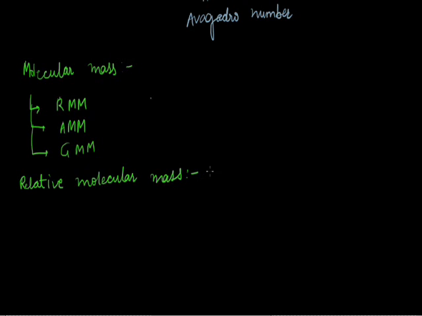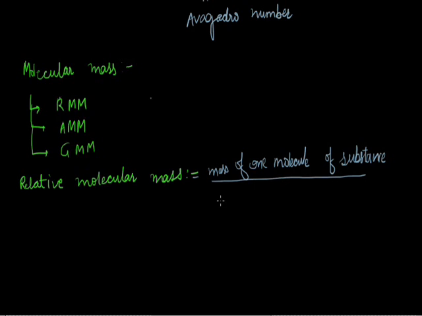Relative molecular mass will be equal to the mass of one molecule of substance upon 1 by 12 into the mass of one atom of C12. The reference is still the same as I indicated for absolute atomic mass.